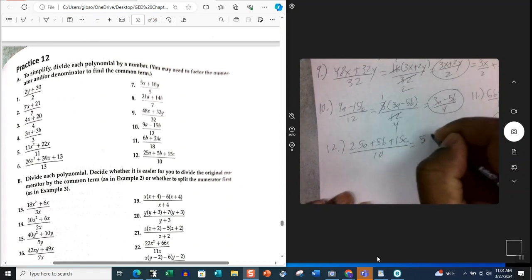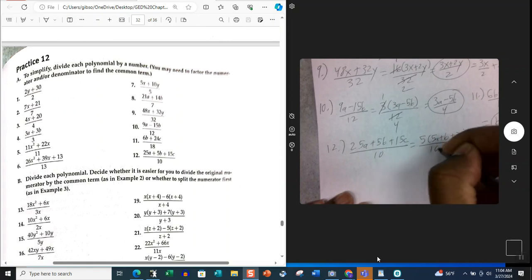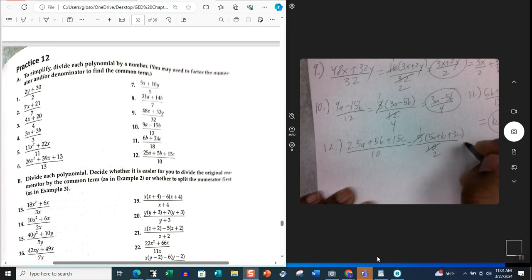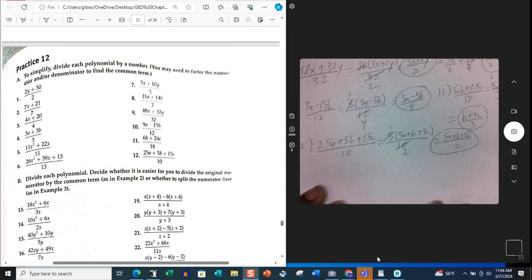So we factor out a 5, and we have 5a plus b plus 3c all over 10. 5 goes into 5 once, 5 goes into 10 2 times. So we will have 5a plus b plus 3c all over 2. And that would be your final answer for problem 12. Okay, now, we scroll down.